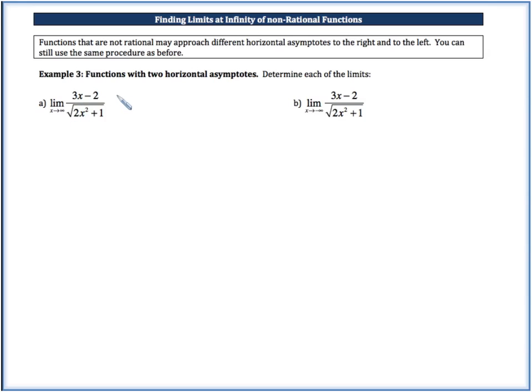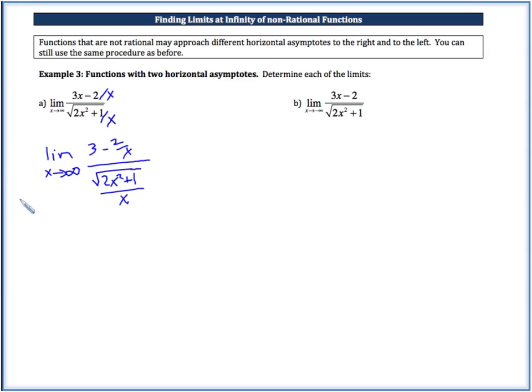What we want to do first here is divide both of these by x. And this is really going to become the limit as x approaches infinity of 3 minus 2 over x over the square root of 2x squared plus 1 over x. Now we're going to do a little trick here with this square root so that we can actually divide these two.